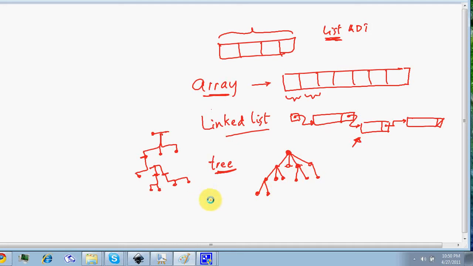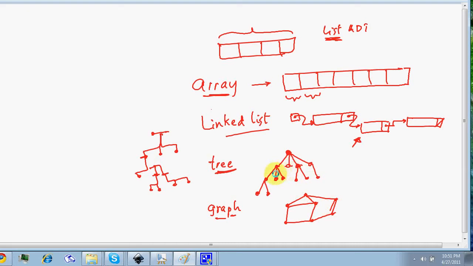Anyway, and then we have something called graph. It's even more complicated than trees. Graph again has nodes, but all these nodes are connected together with no restrictions as such in general, right?